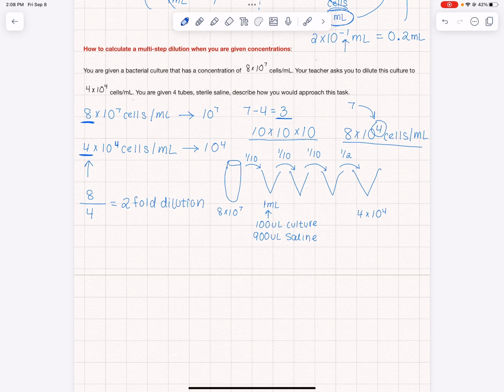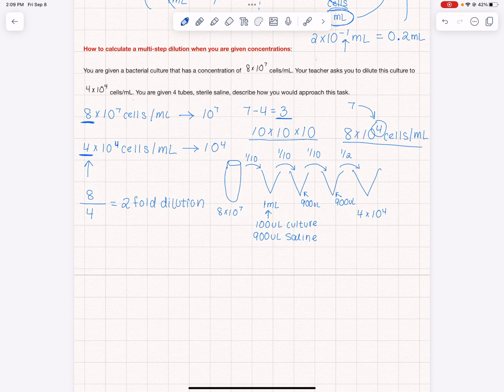We would then transfer 100 microliters of that into another tube that had 900 microliters of saline. We would then transfer another 100 microliters from our second tube to our third tube, and this tube would also have 900 microliters of saline.